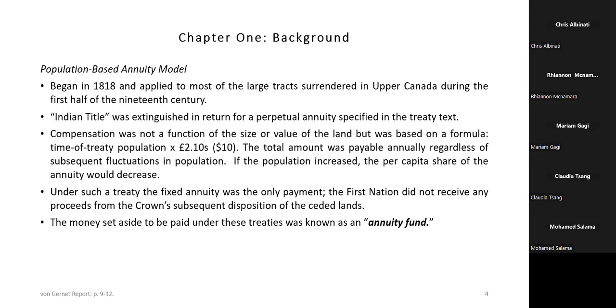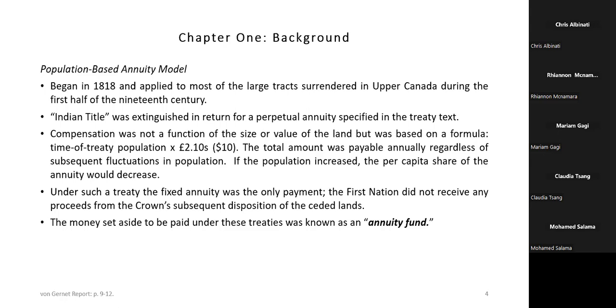I'll explain that a little later, what that total figure was. For the Crown, it made no difference what the population was. Their annuity funds that were devoted to that particular First Nation would remain the same every year, and was administered as an annuity fund.